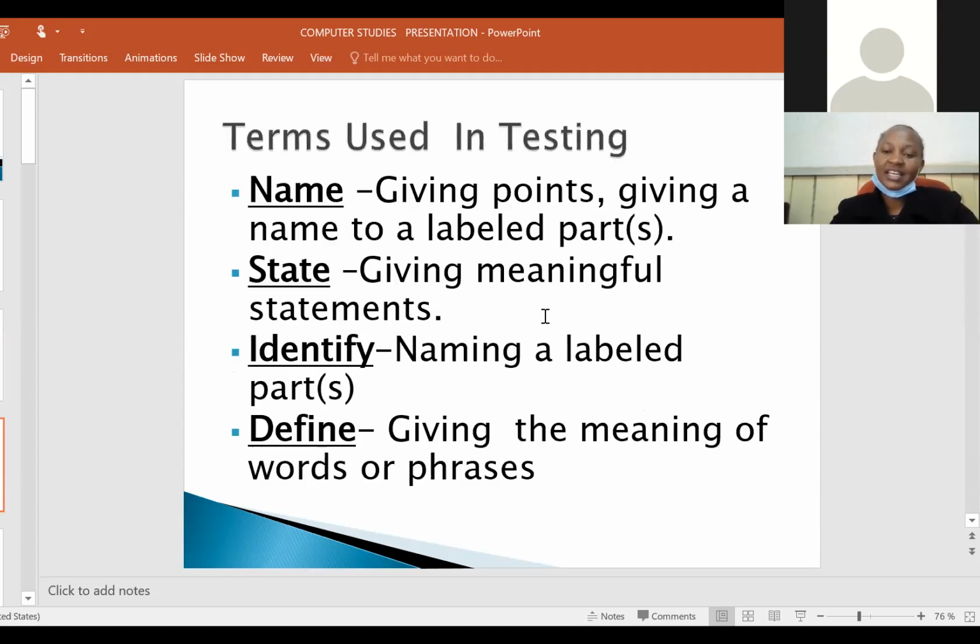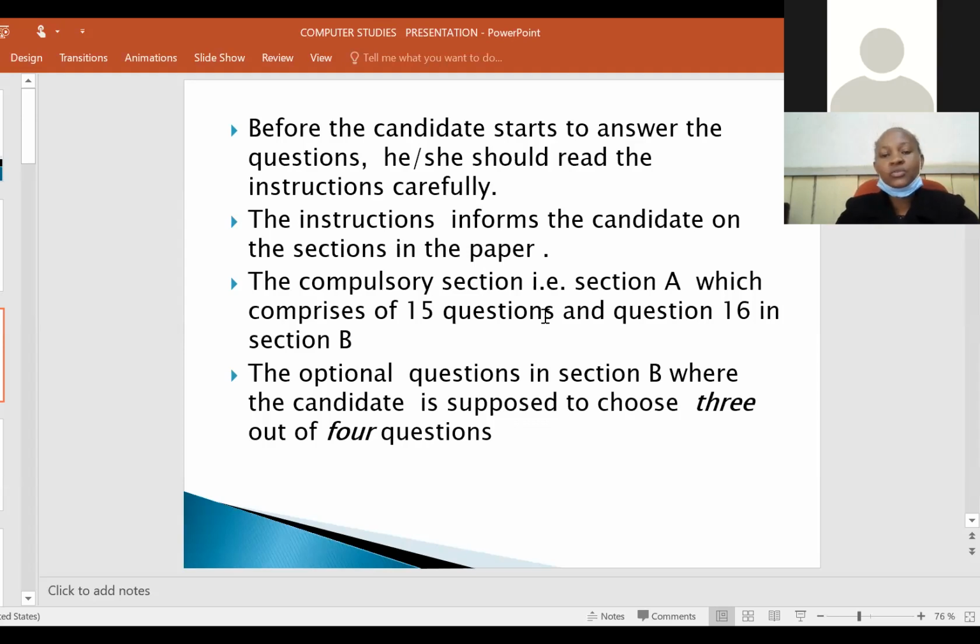So before you start to answer the paper again, what should you do? You should go through the paper and check the questions that have been asked so that you gain some confidence in answering your questions.